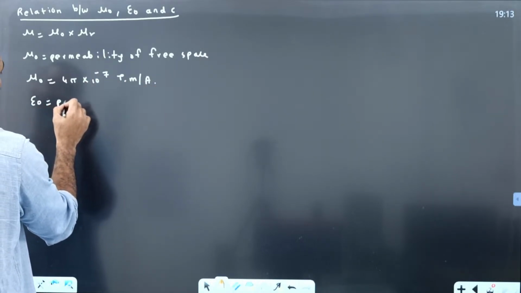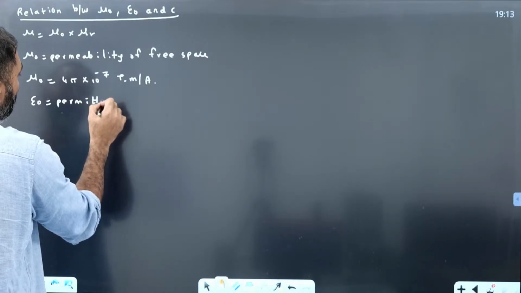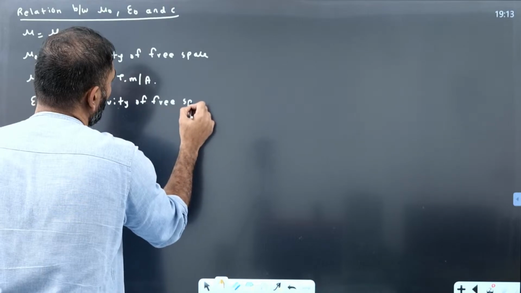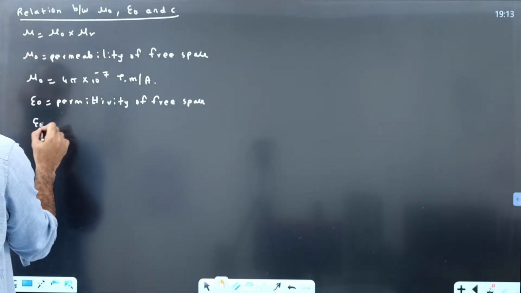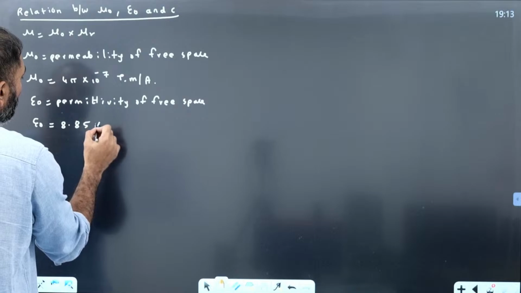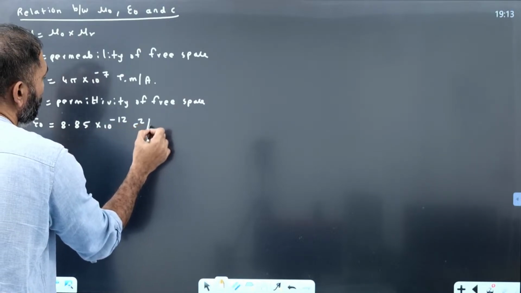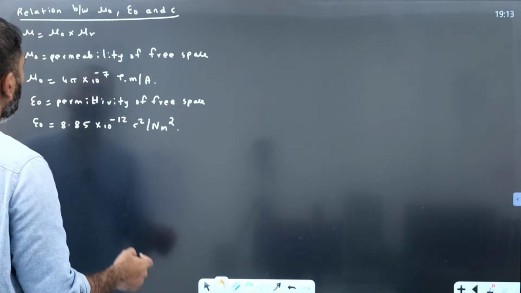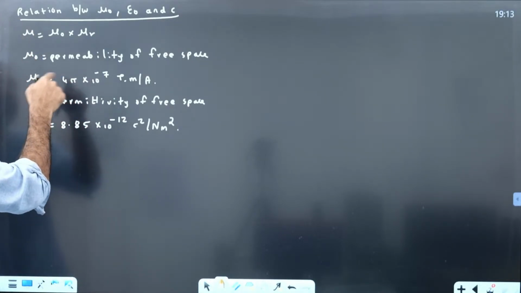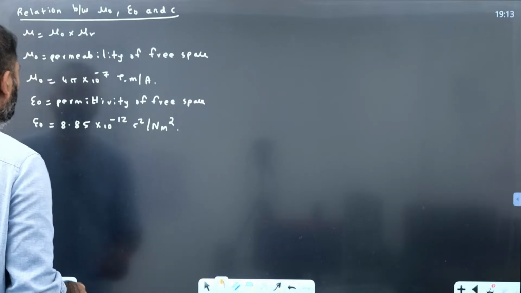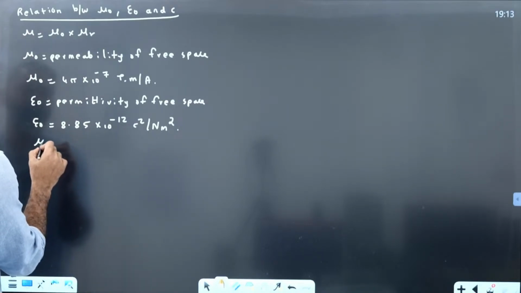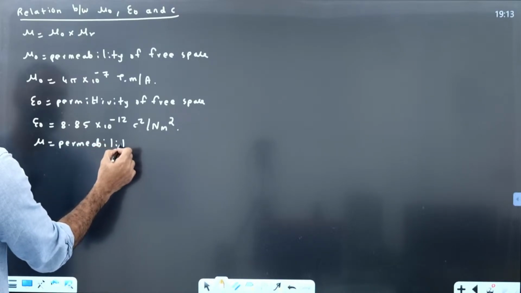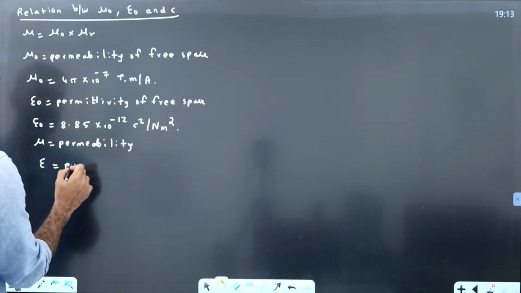Epsilon 0 is the permittivity of free space, equal to 8.85 into 10 raised to minus 12 Coulomb square per Newton meter square, meaning how effectively a medium permits an electric field. How effectively a medium permits a magnetic field, that is permeability, and this is permittivity. Simply, mu means permeability, and epsilon means permittivity.